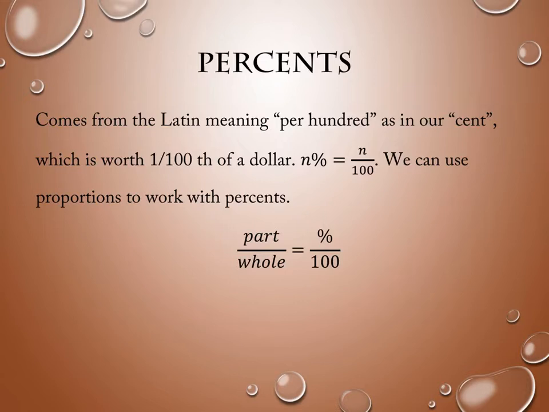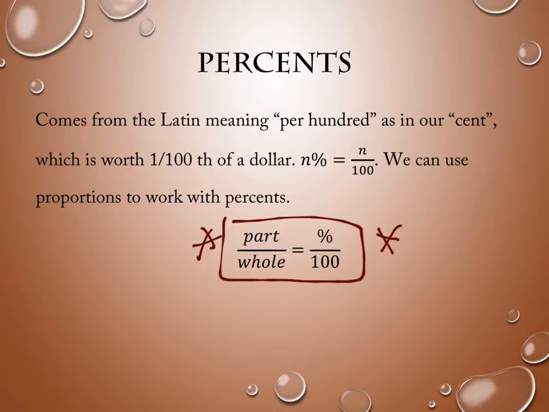So like box this in, star it. Every problem is going to be set up as a proportion today. Every single one. Like I said, it's not the only way to do it, but it's the way we're going to do it today.